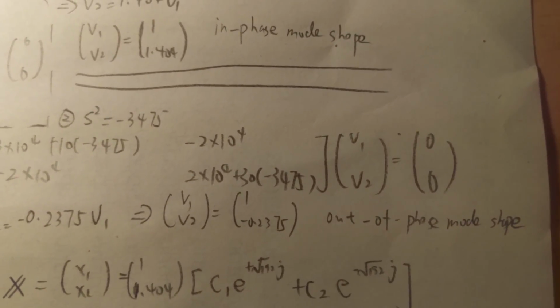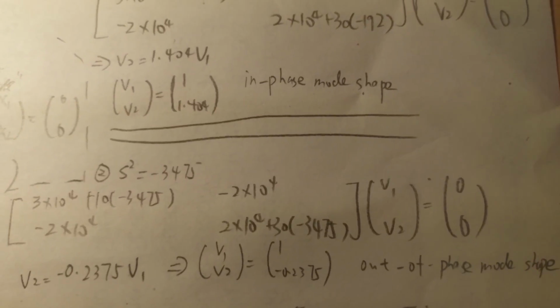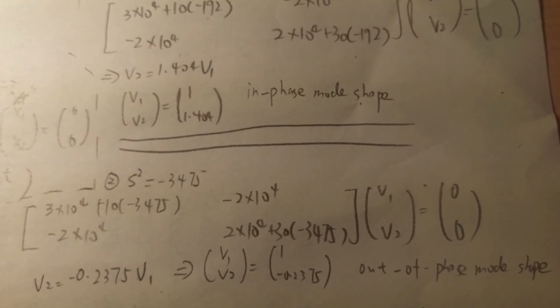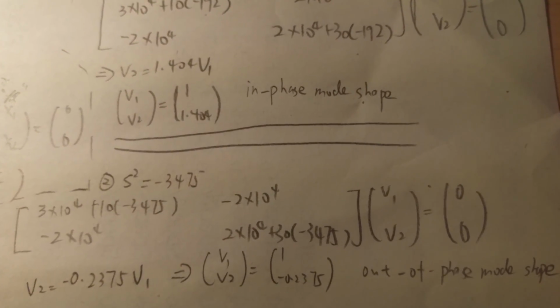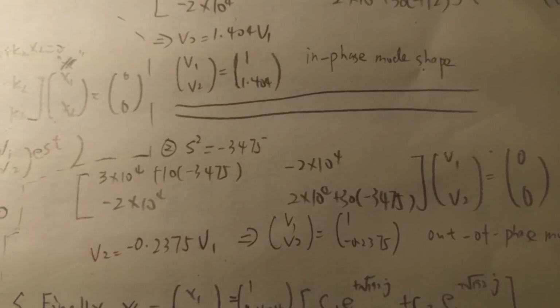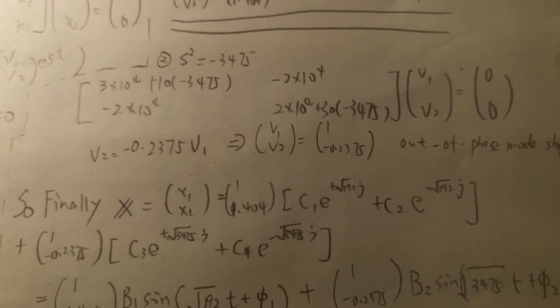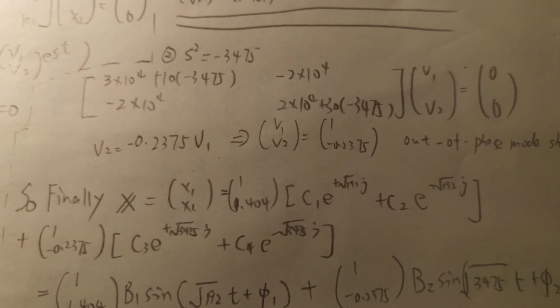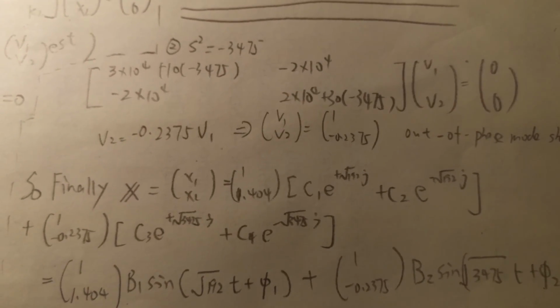This is what we got so far, and the last part we need to do is to solve for the homogeneous solution. Then we plug in all of this using the s we got.